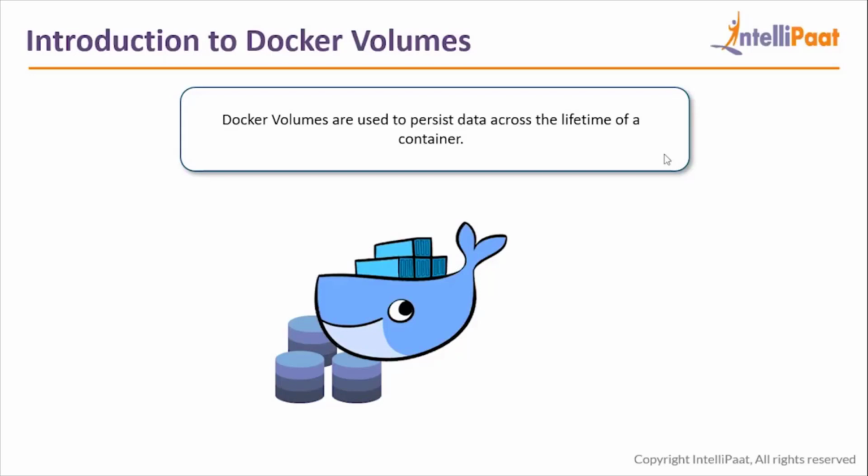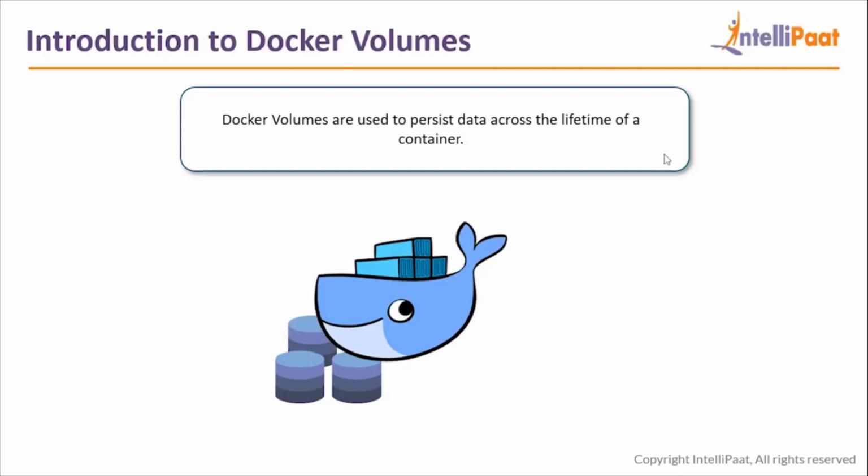So what Docker volumes does is it basically hosts the storage outside of the container and maps it to inside the container. That is, the storage is there on the host system rather than the files being written on the container itself.